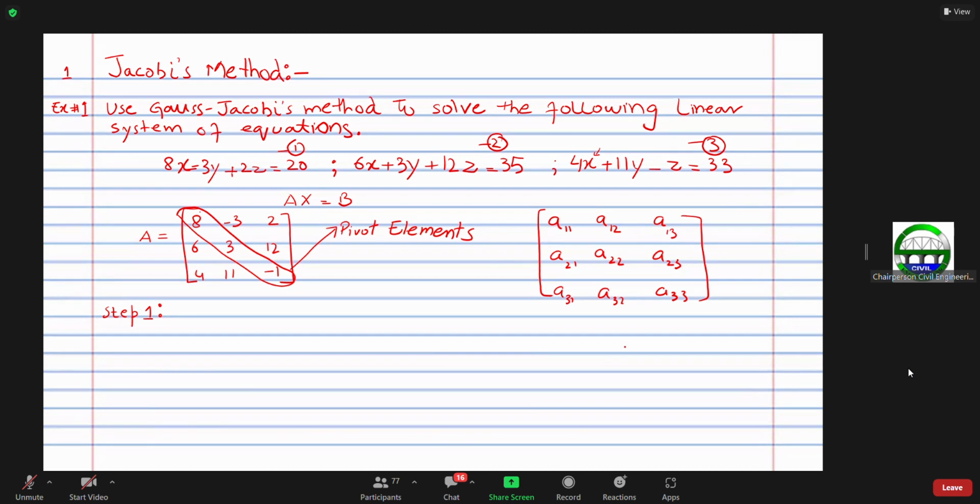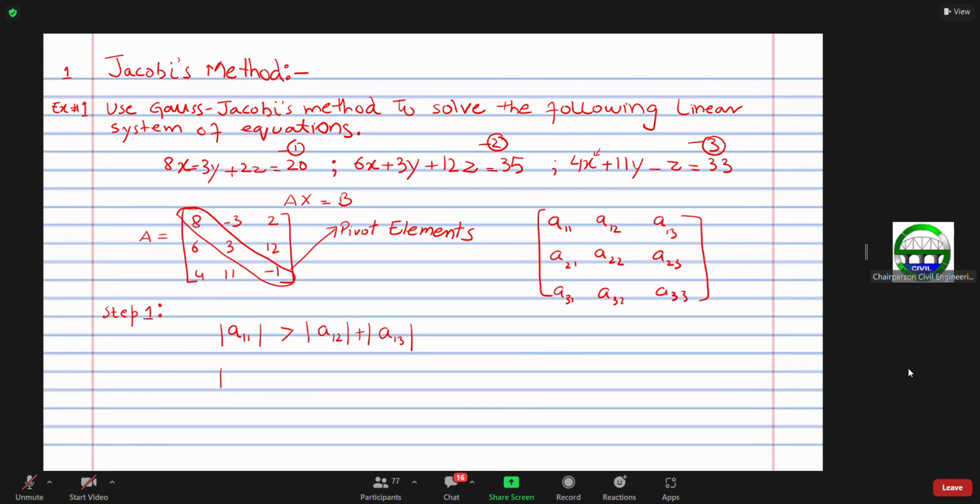Here we have to check one condition. The magnitude of A11 should be greater than the magnitude of A12 plus the magnitude of A13. This is the first condition.